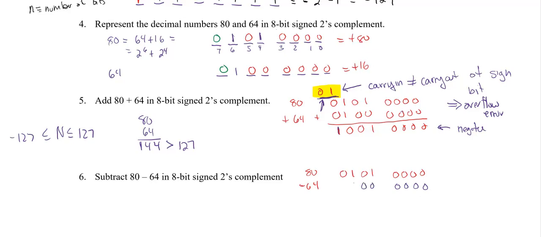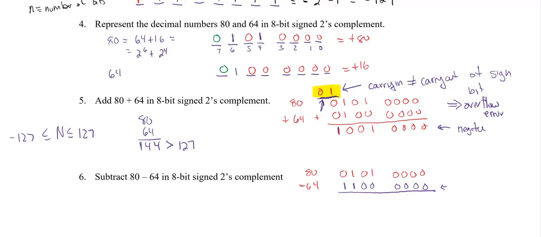The first 1 stays the same, and then we flip the rest. So that's a negative 64. You can also take the 1's complement and add 1, or do 2 to the 8th and subtract 64 from that. But confirm to yourself that this is negative 64 in 2's complement. It does give us the negative in the sign bit.